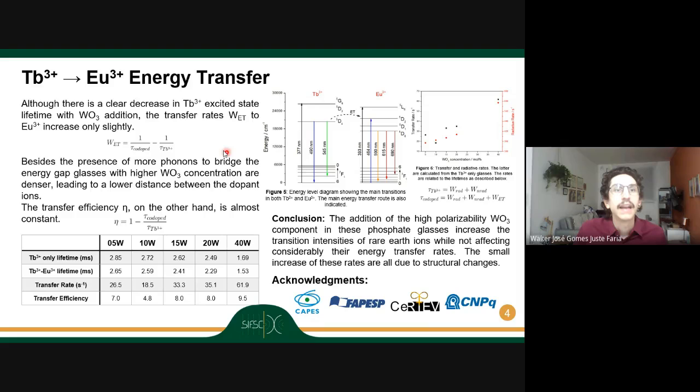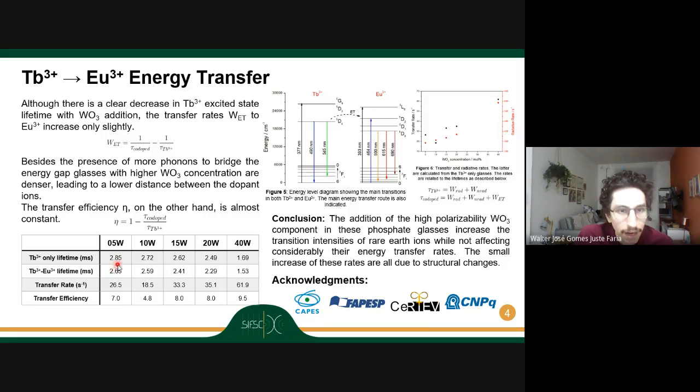Okay, we can calculate the energy transfer rate through the comparison of the lifetimes of both the co-doped sample and the terbium only sample, and the difference between the excited state lifetimes will give us the energy transfer rate.